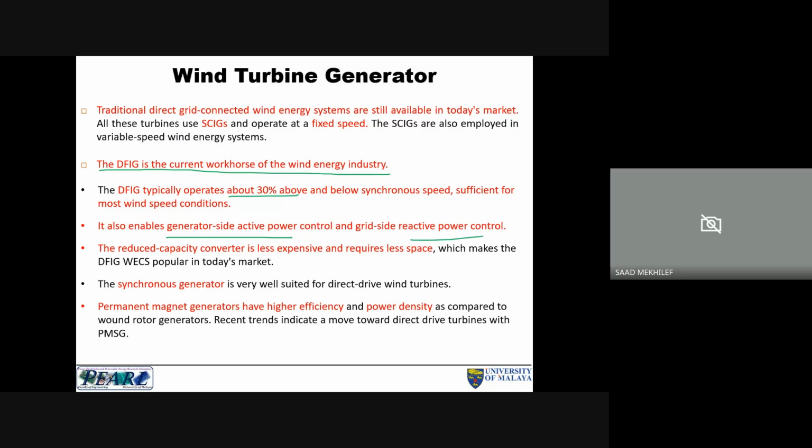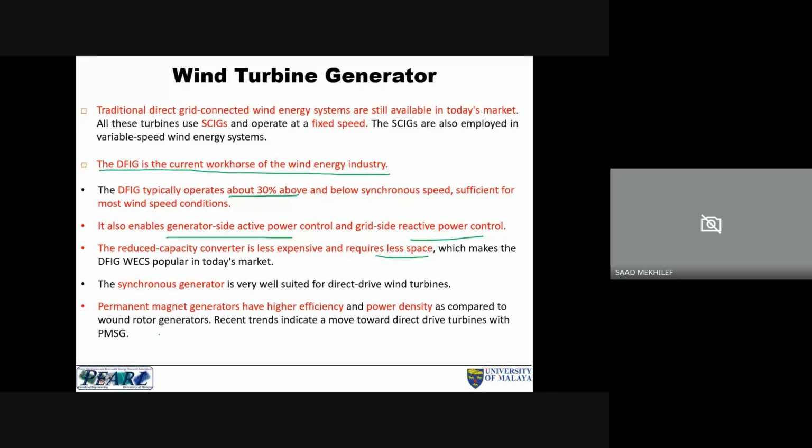This is quite interesting, and that's why it's becoming very popular and widely used. The reduced capacity of the converter is less expensive and requires less space. That's why I say it's quite important.